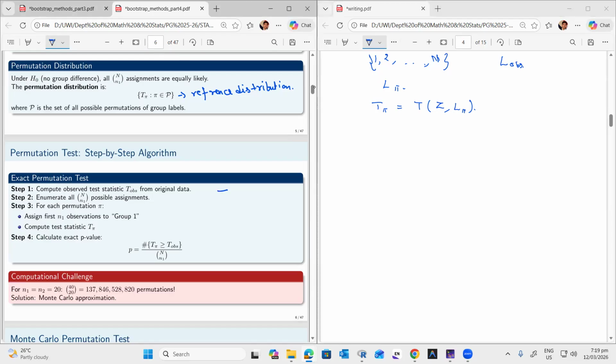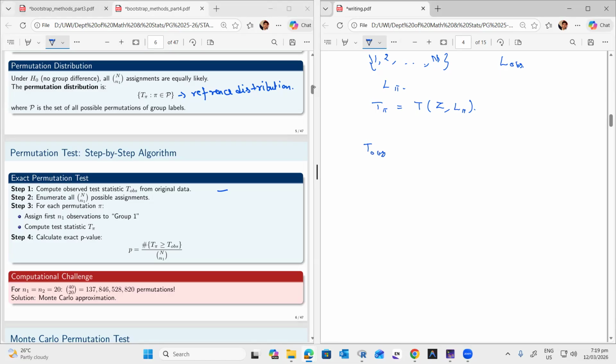T observed is the value of the chosen test statistic calculated from the original, unpermuted grouping of the data, that is the original x1, x2 up to xn1 and y1, y2 up to yn2.